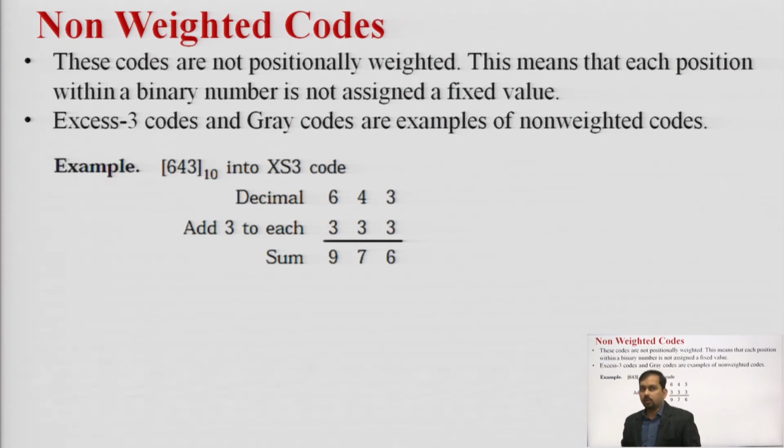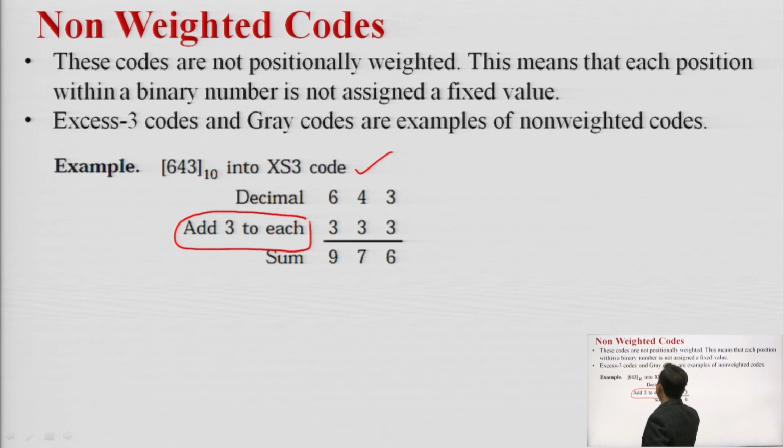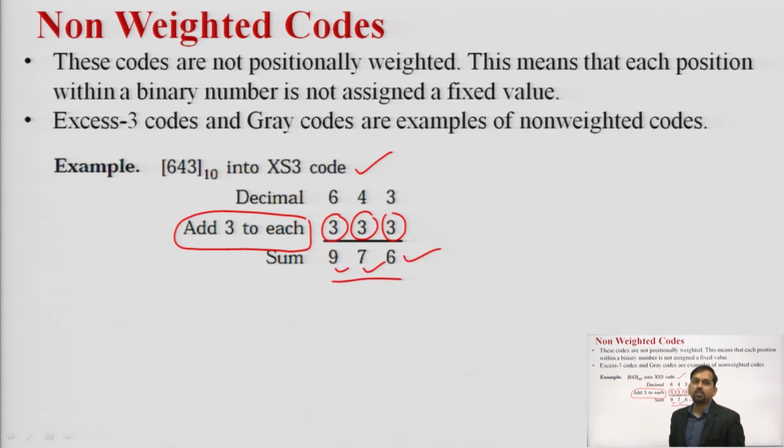For excess-3, if we have 643 in base 10 and want to convert it into excess-3, we need to add 3 to each digit. So 6 plus 3 is 9, 4 plus 3 is 7, and 3 plus 3 is 6. So 976 is the excess-3 representation of 643, which is given in decimal form.